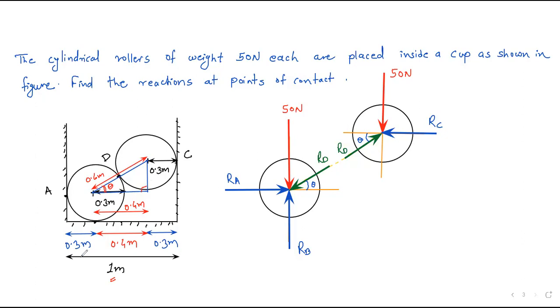Okay. So if you use cos of theta, then you will get the angle theta. Cos of theta is nothing but the adjacent side divided by hypotenuse. Now this is the theta, so the adjacent side is 0.4 divided by my hypotenuse, 0.6.